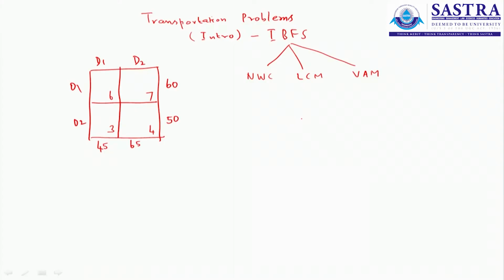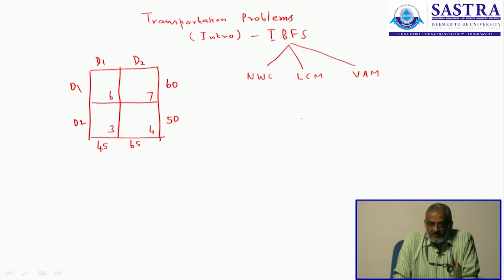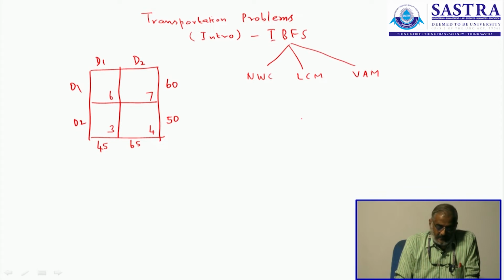We are getting into transportation problems as the first model, with a few problems of small size for understanding the basic models. Then we will proceed to more complicated models of higher order, not only for finding the initial basic feasible solution, but also to move towards optimality via the Modi method.